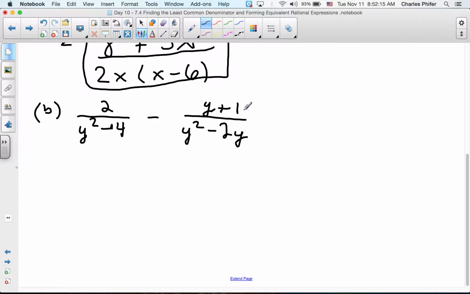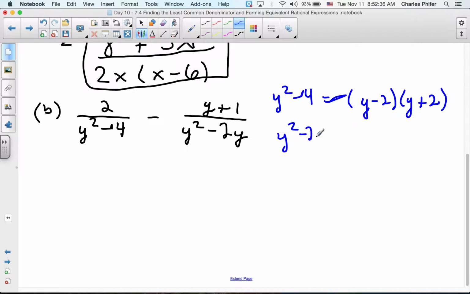So since I didn't do it in the last one, I'll do a different version in the second one. So for the denominators. So we have y squared minus 4. You could have done this one in the previous example. This factors into what? Y minus 2 times y plus 2. Okay. Then we have y squared minus 2y. What does this factor into? We can factor out what from both of them? A y, and it leaves us with y minus 2.